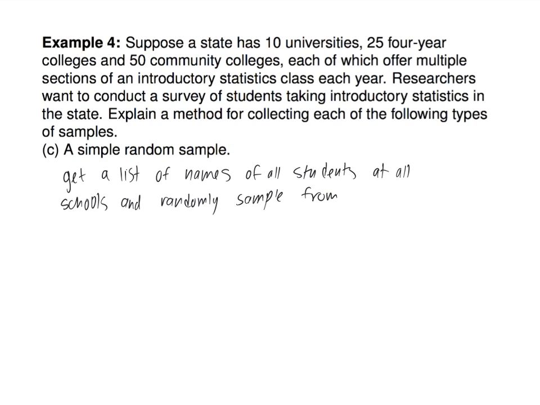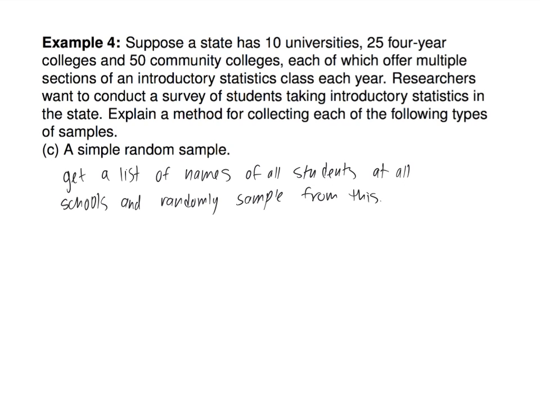There would be permissions needed for all sorts of stuff, because there are laws against that sort of information being shared. But the point is that even if collecting this list wasn't hard, disseminating the survey and making sure that it was filled out probably would be. So ignoring the question of whether I can actually ask students questions in the first place, even just the question of what do I do once I pick my people is a lot harder. That's kind of the idea.